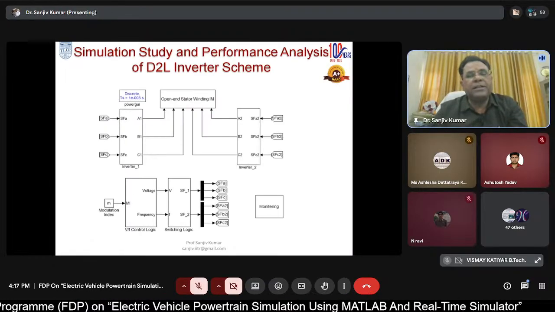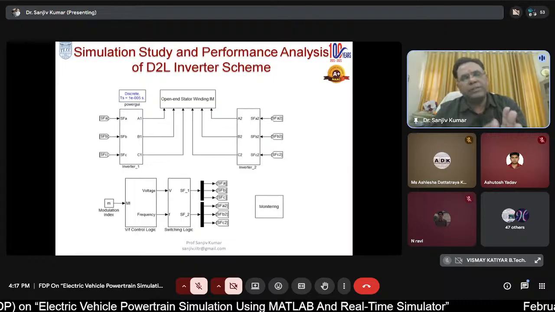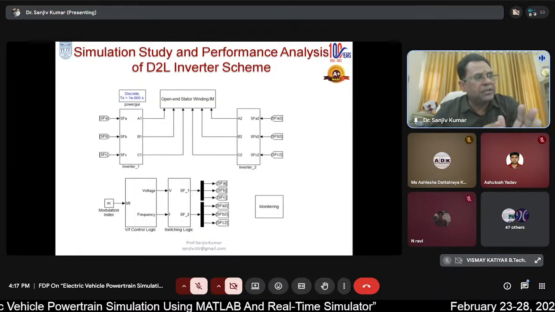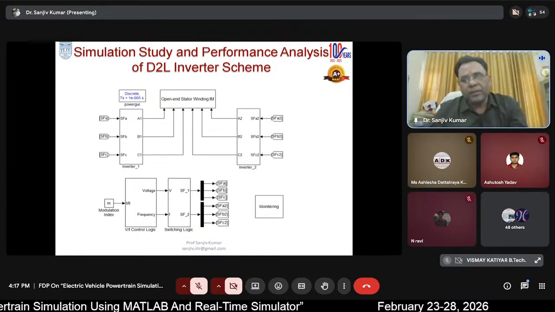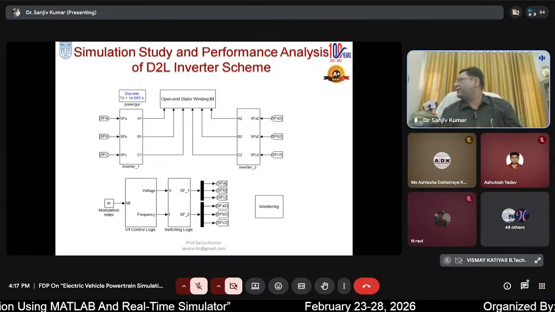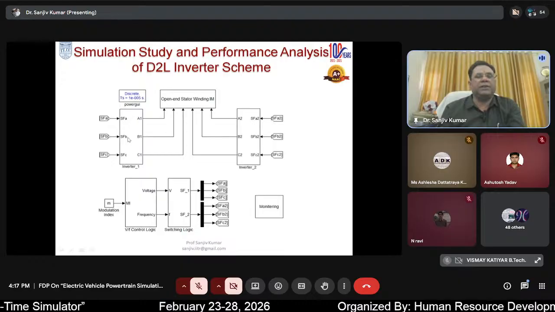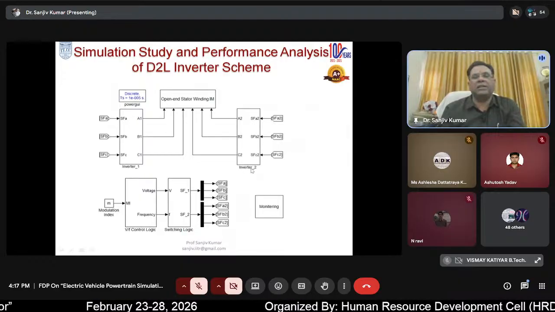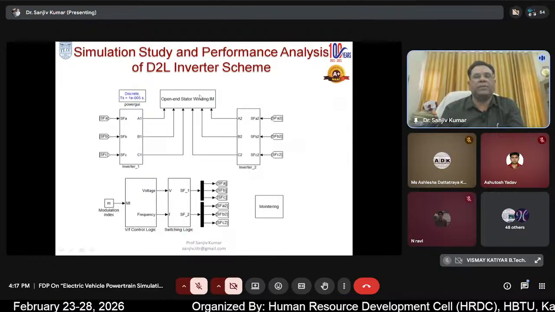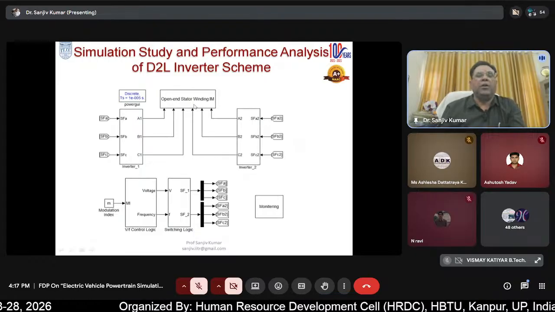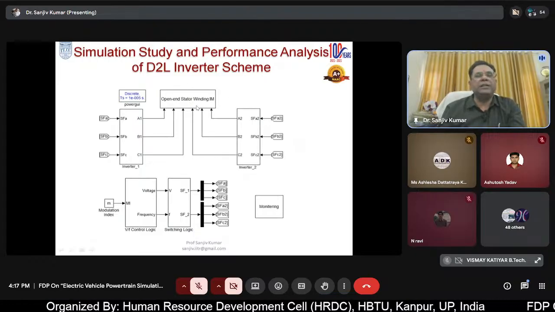And this is the simulated model of this. We have also tested on the real-time simulator OPAL-RT. I'll demonstrate if time permits. So here you can see there is one inverter_1, another inverter_2, and this open-end winding stator induction motor.